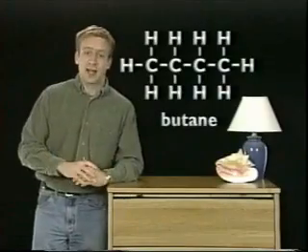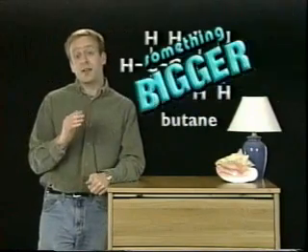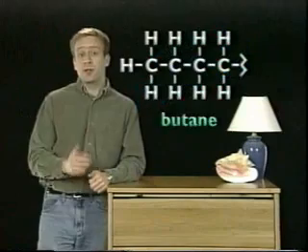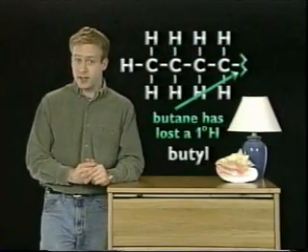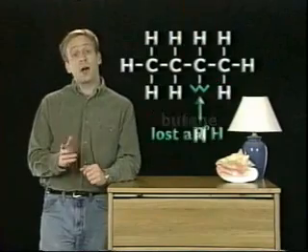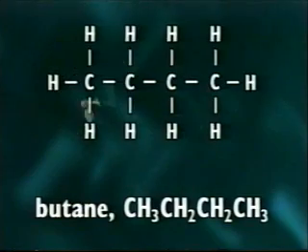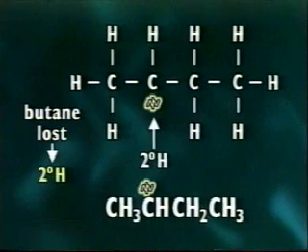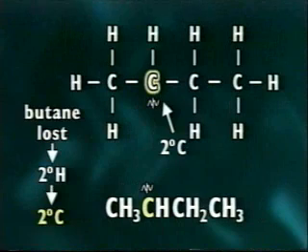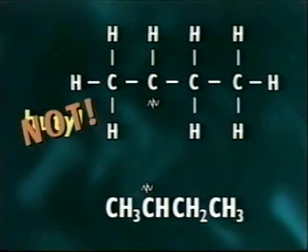So, like we were saying, if an end hydrogen is knocked off of butane so that it can attach to something bigger, we change the name butane to butyl. Butane has lost a primary hydrogen in order to do this. But what if butane wanted to knock off a secondary hydrogen in order to bond to something bigger? Let's say butane kicks out a hydrogen from carbon 2. Butane has kicked out a secondary hydrogen from a secondary carbon. So we can't call it butyl because, well, it's not butyl. It's sec-butyl.